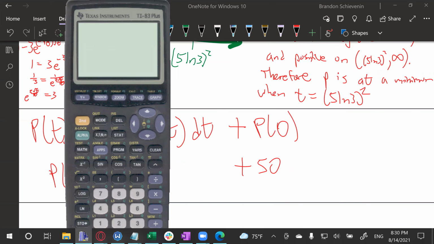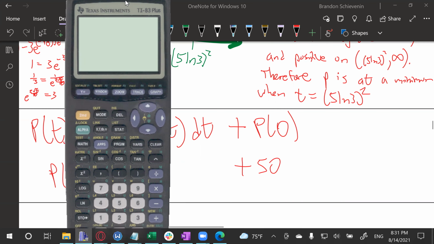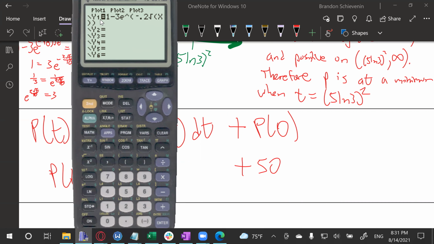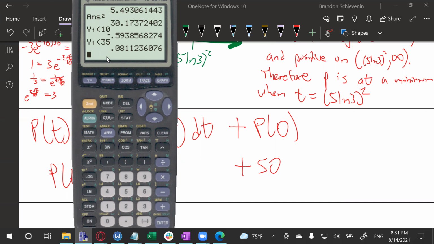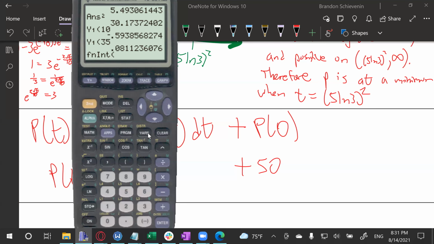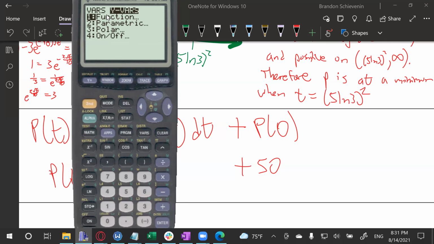Right now I've got P prime as y1. So what I'm going to do is integrate y1. That's math, integrate. Variables, y variables, function, y1.